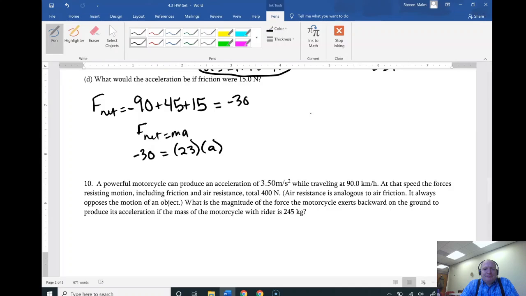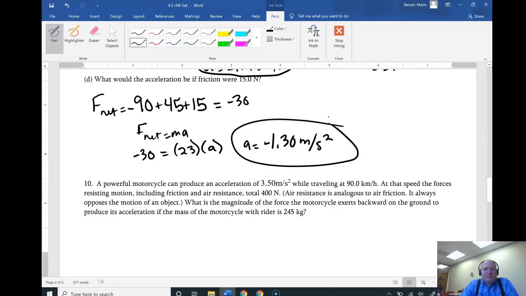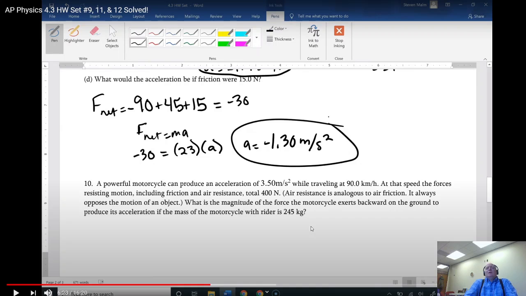That's cool. And this time the acceleration gets slower. You get that. Okay, so awesome work, but I'm kind of fixated on what happened if D had said 50 newtons.